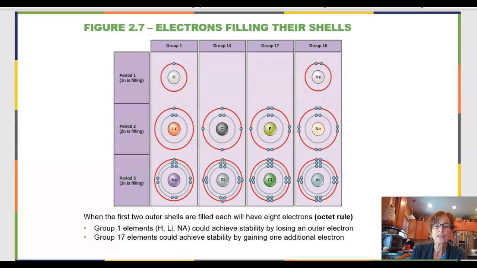I think this basically is looking at a lot of the same, although it does bring up this idea that if you have 8 electrons and that's the capacity of the outer energy level, that's called the octet rule. So first you have the first 2 electrons only can fit close to the nucleus. It's called a duet, like when you sing a duet. And then when you have 8 electrons, that's an octet.